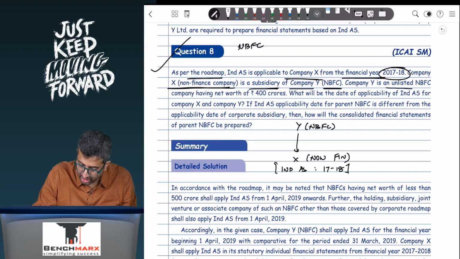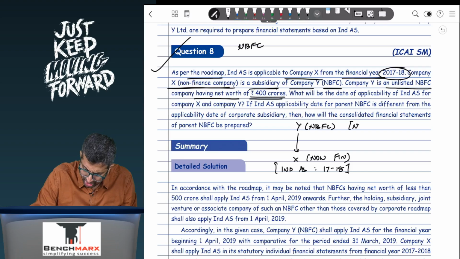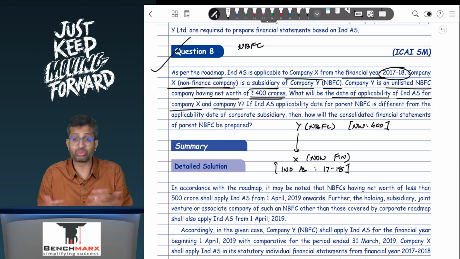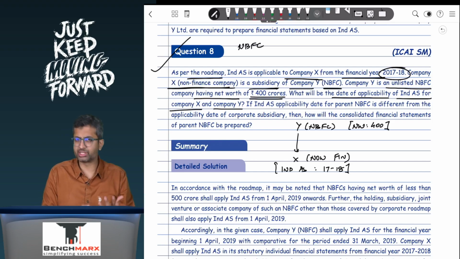Y is an unlisted NBFC, that is fine, having a net worth of 400 crores. What will be the date of applicability of Ind AS for company X and company Y? Well, company Y, let us assume the net worth remains the same. It is an unlisted company. So I said plus 2.